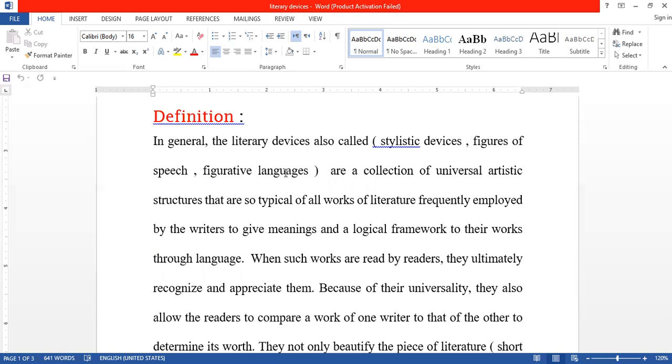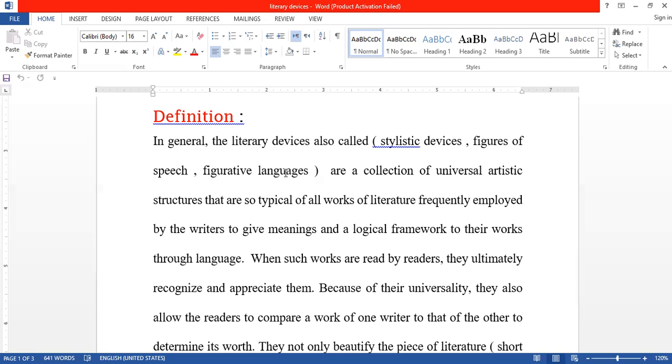Hamad. Circle of work are read by readers. Hello. Hamad. Yes, mister. Okay, please repeat again. Start from our collection of universal artistic structures. What is that? The second line. Of all works are literally frequently employed by writers and giving meanings and logical framework to their works, works through language. Thank you so much.